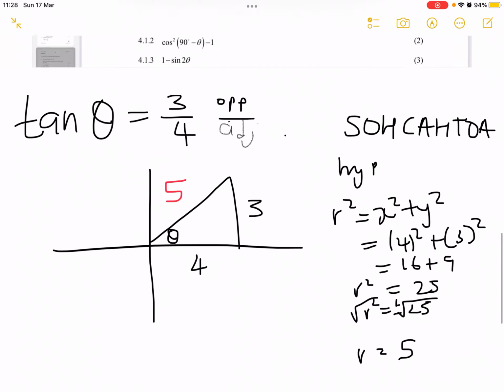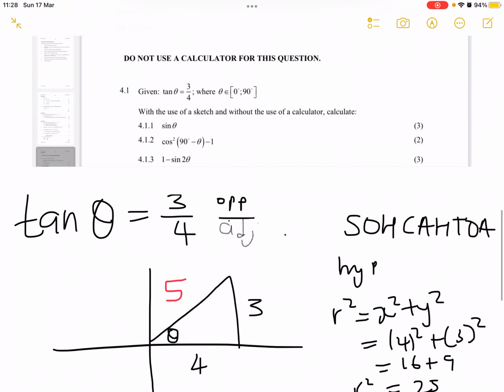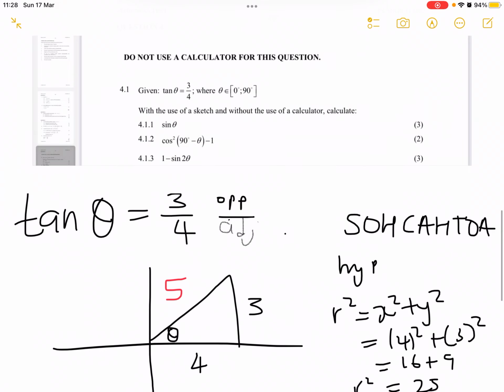Next up, we are going to look at what the question asks us in 4.1.1. They say, with the use of the sketch and without the use of a calculator. Please do not use a calculator for these, because you'll find most learners calculating theta because they have seen that tan theta is equal to 3 over 4. The first question asks, what is sine theta?